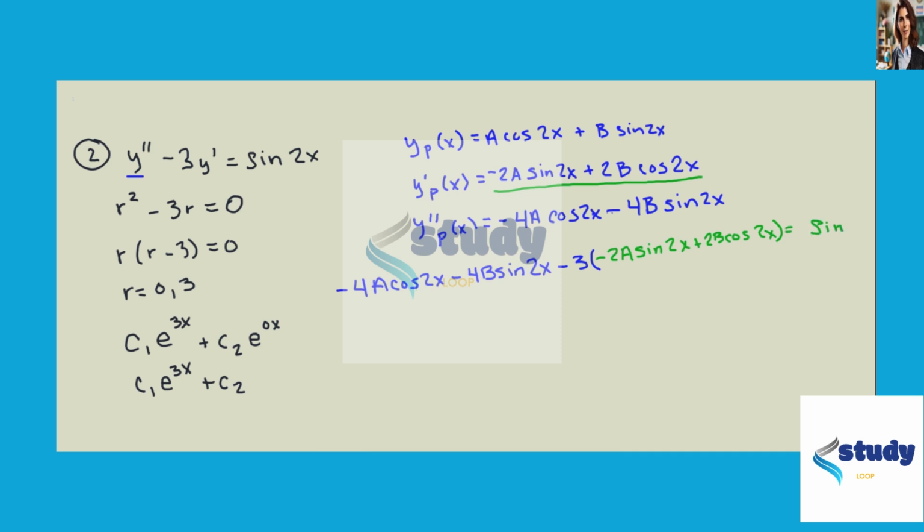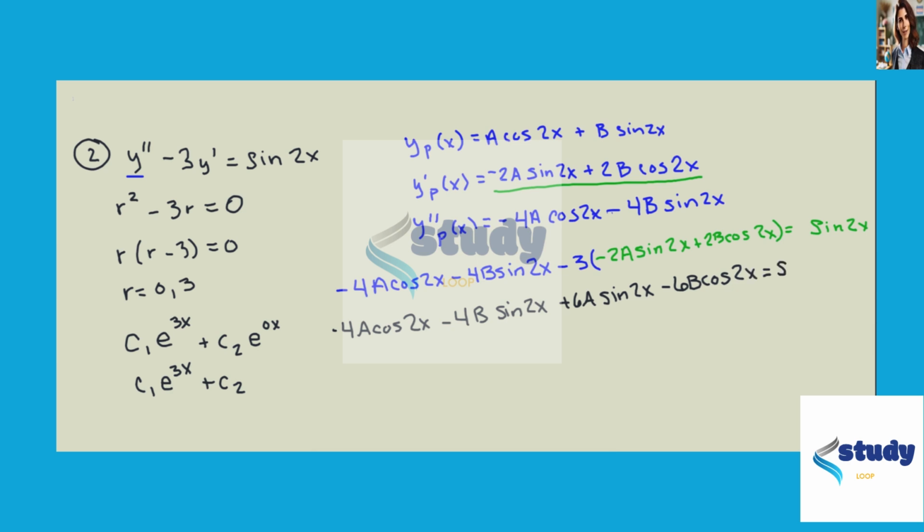Distributing my negative 3, I have negative 4a cosine 2x minus 4b sine 2x plus 6a sine 2x minus 6b cosine 2x equals sine of 2x.